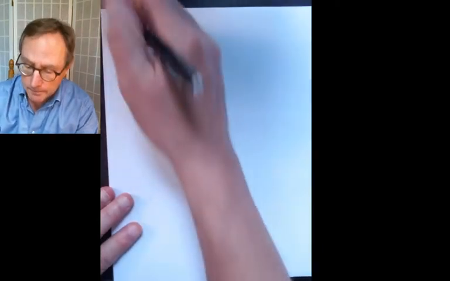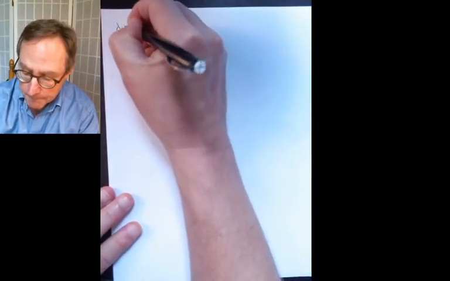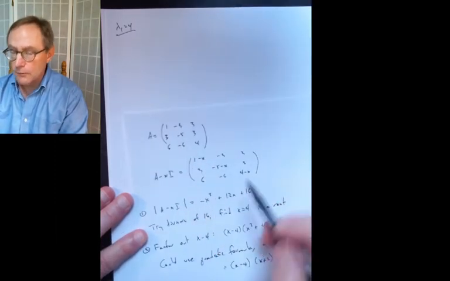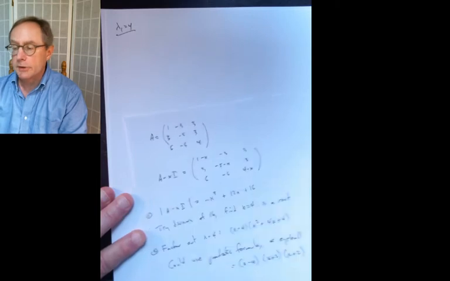Let's see. Okay, so for lambda 1 equals 4, I just simply look at what happens when you plug in 4, and look at the resulting linear system.